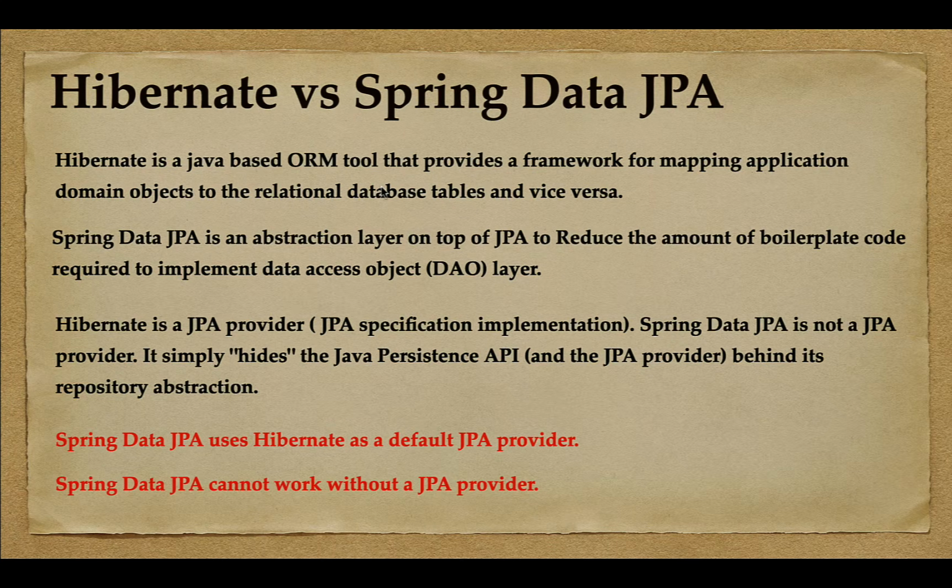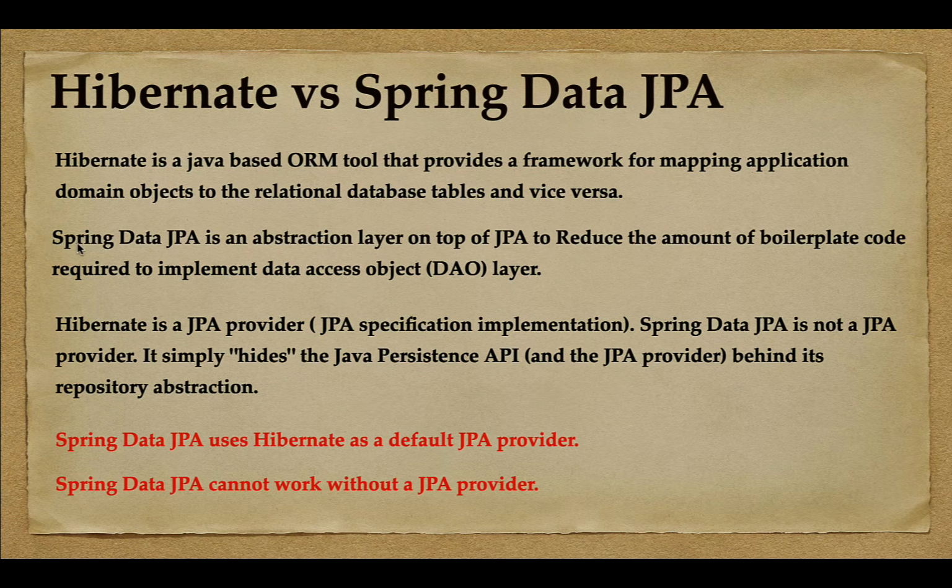So Hibernate behind the scenes generates SQL statements, and it will use JDBC to communicate with the database. So we can use the Hibernate framework to directly map application domain model objects to the relational database tables. It means that we can use Hibernate to directly persist an object into a relational database table. Alright, we don't have to create the SQL statements.